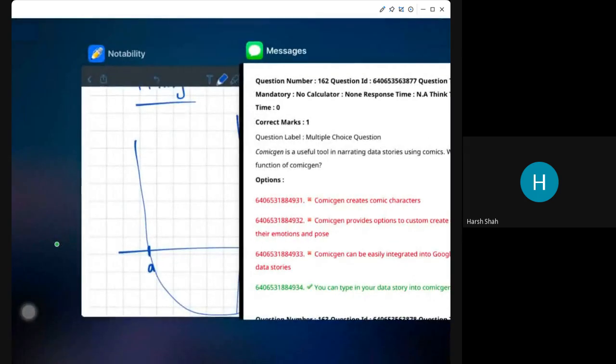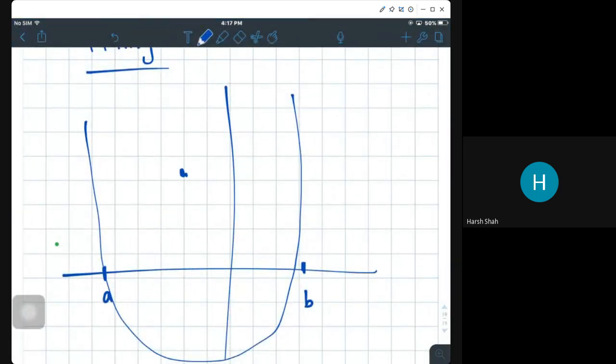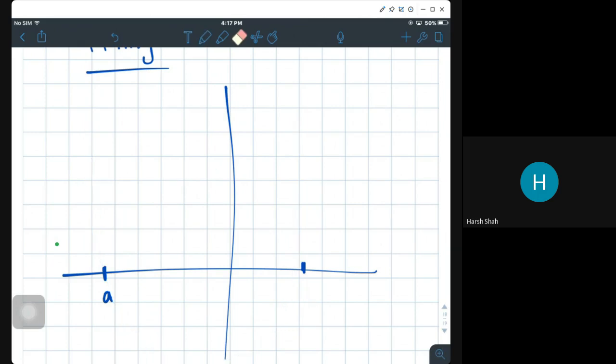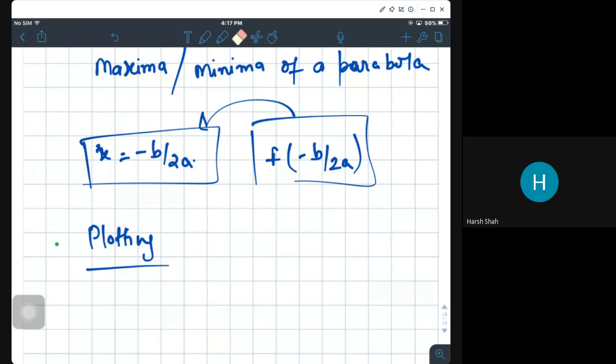If your a is greater than 0, you have this part. If your a is less than 0, you invert the function, right? Anyways, you have three values that you can use to plot the graph. Use the two roots and the vertex. This point is known as the vertex.